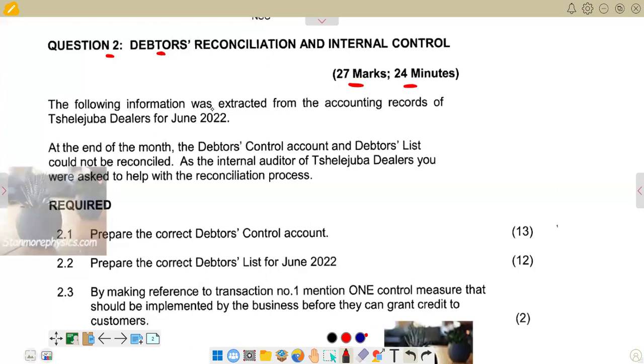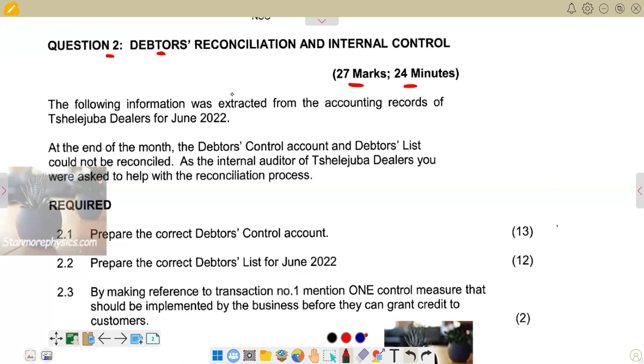So from the journals, entries are posted to the ledgers, and when they are posted to the ledger, they represent the list of balances of our debtors. The total from the journals is posted to the debtors control. So the balance that we have in the debtors control should be the same as the balance that we are supposed to have in the debtors list representing the ledger accounts.